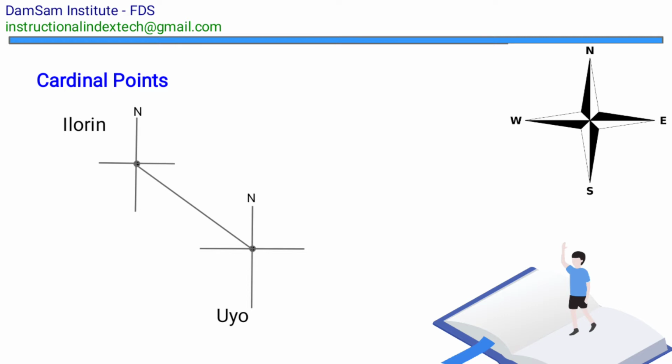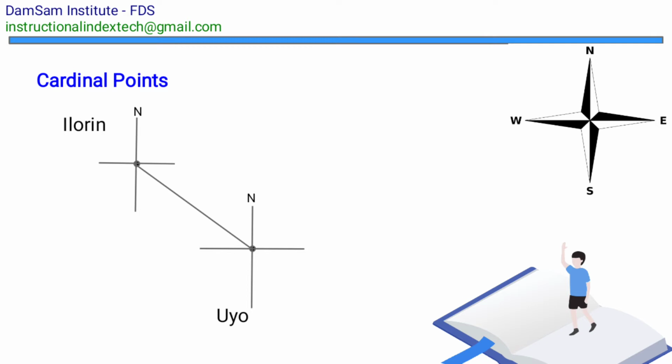The bearing of Uyo from Ilorin, then we are going to move from the north clockwise and it is going to be greater than 90 degree, meaning the angle will be between 91 and 180 degree.